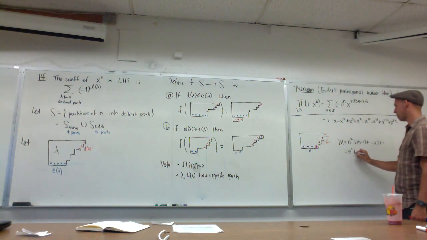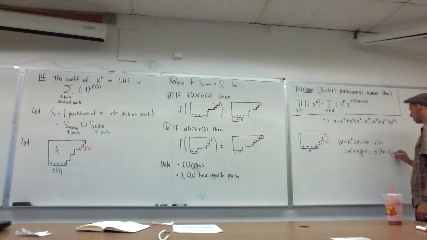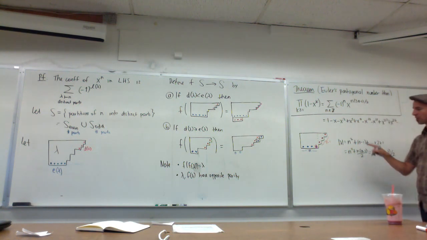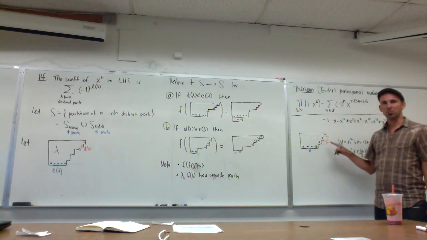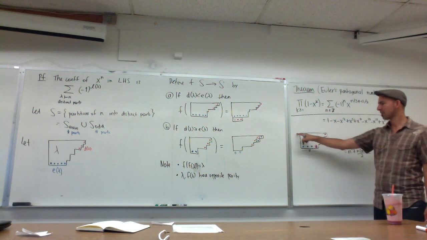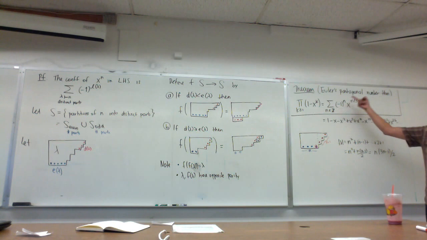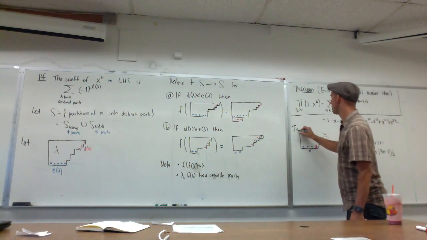Which is n squared plus n times n minus 1 over 2, which is n times 3n minus 1 over 2. Okay? Which is great, right? Because that means that in this case, this bijection shouldn't have worked, and the reason it doesn't work is that there's this one weird guy that ruins it. And what sign does that guy have? It has sign minus 1 to the n, which is this sign. Which is perfect. So this is one of the exceptions.